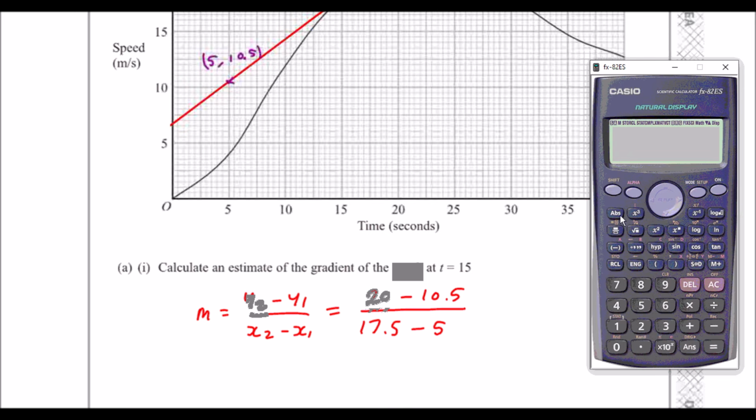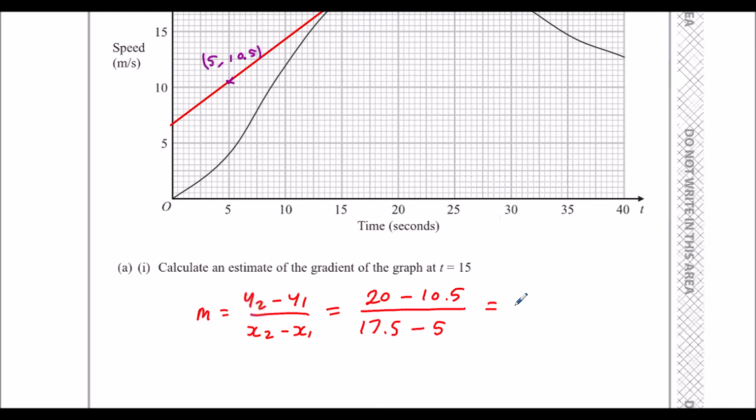So let's type that into the calculator. 20 minus 10.5 over 17.5 minus 5. So I've got 19 over 25, or 0.76. So I'll go with 0.76.